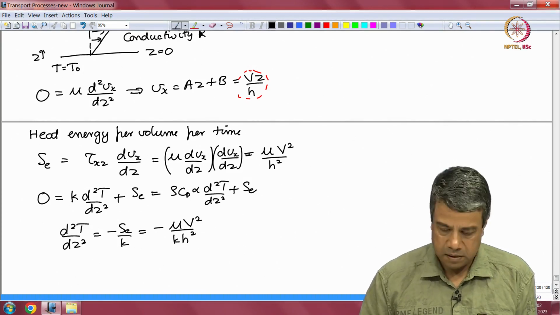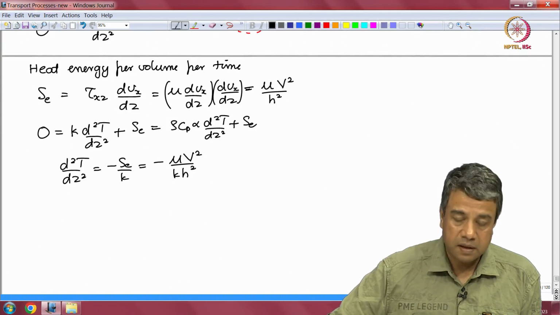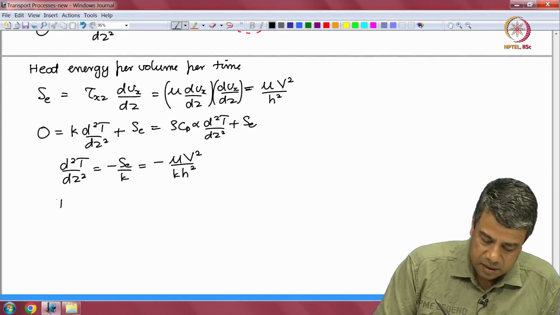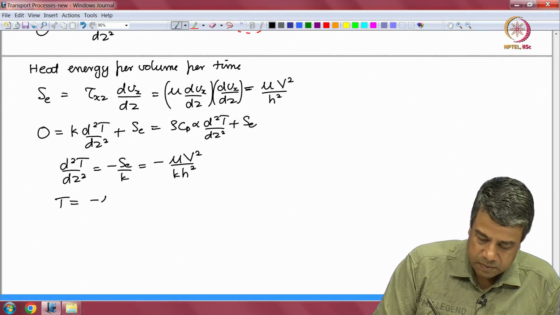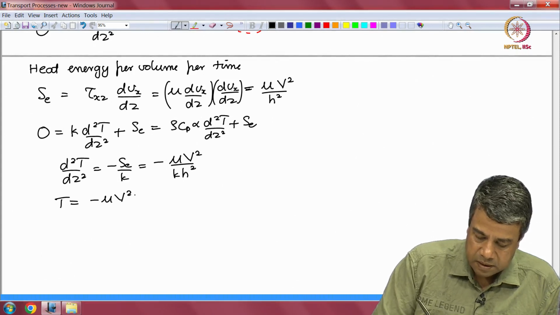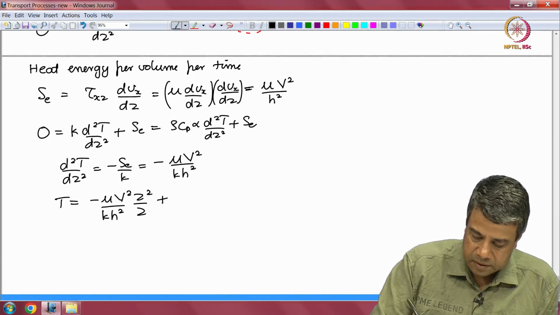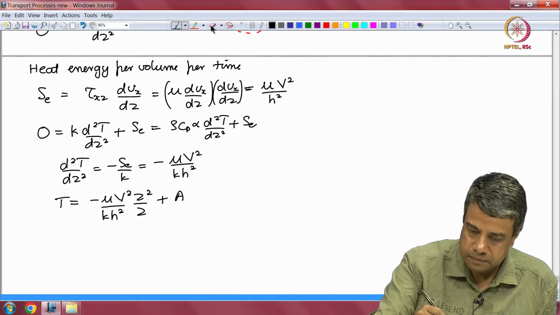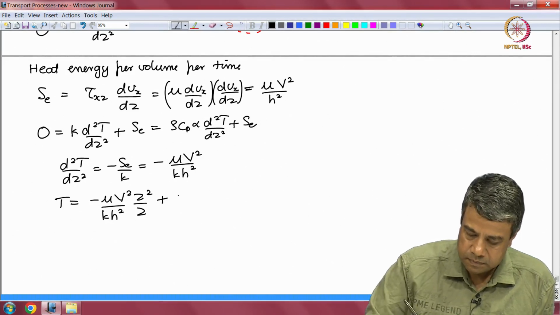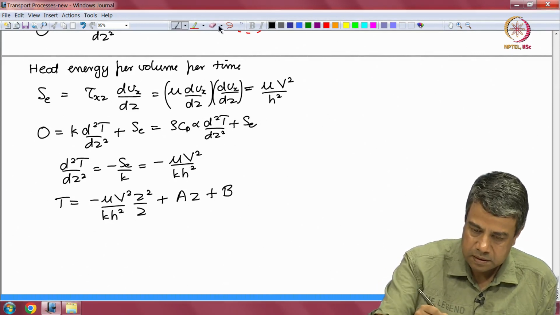Integrate 2 times and you will get T is equal to minus mu v square z square by 2 k h square, plus a constant into z plus another constant.